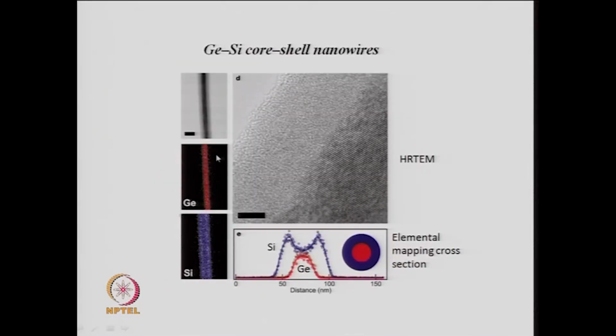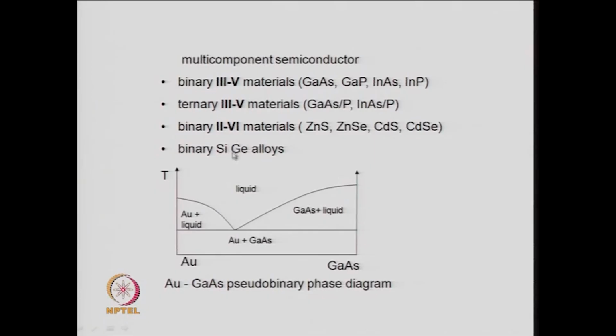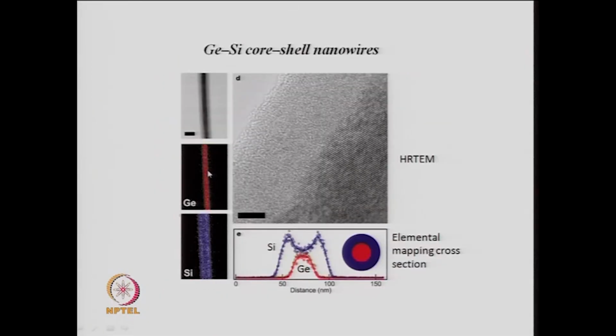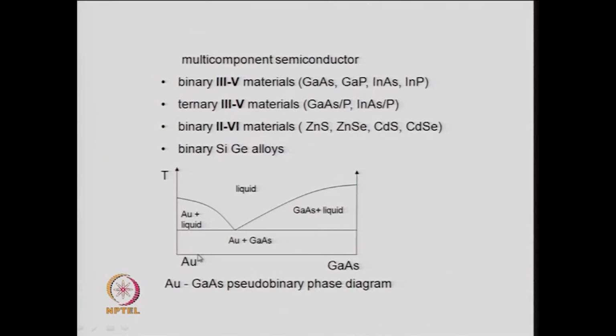This is binary silicon germanium with a special core shell type of structure. Of course, you can also make alloys. In the previous slide, these are not alloys, these are germanium nanowires covered with silicon, but you can also make silicon germanium alloy nanowires.